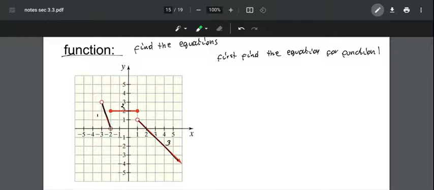To find this equation, this is a linear function. So to find that equation, we have to find the slope and y-intercept.